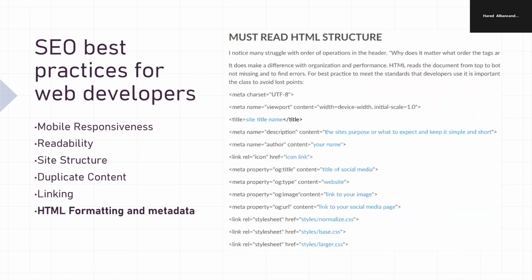So there are some practices for web developers that we can start using when developing websites. For example, the first one is mobile responsiveness. In this class, we have learned about that: make sure our websites are mobile friendly, so pictures are the right size, and if there are titles, they are not overlapping other elements on the website.